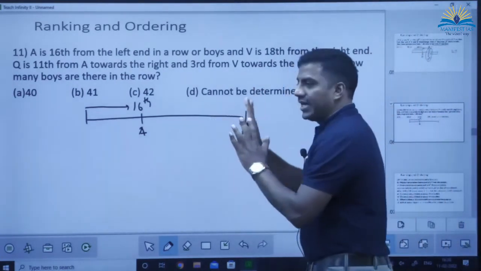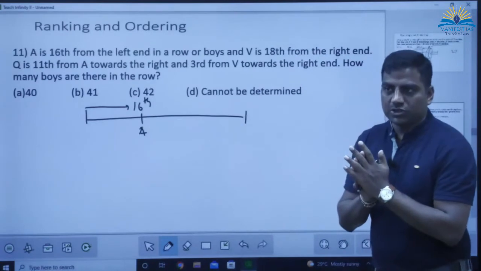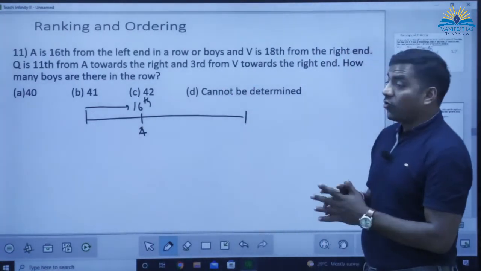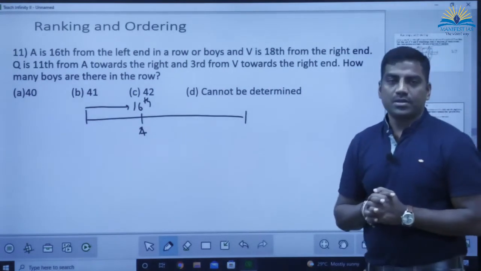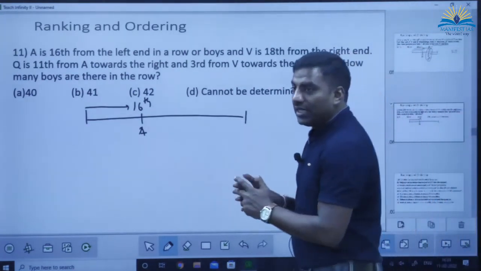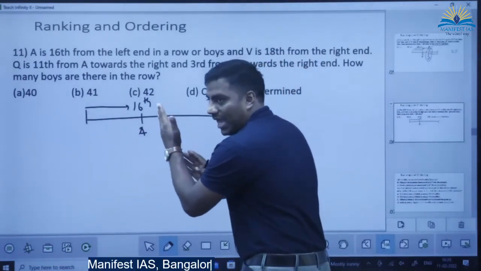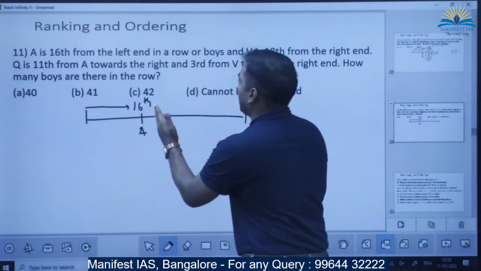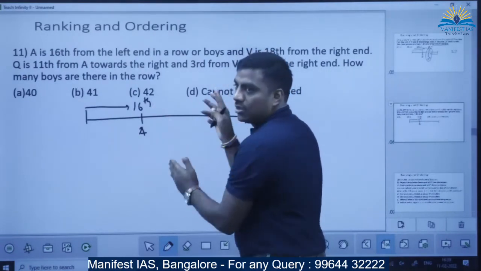V is 18th from right, we cannot determine his position. Then Q is 11th from A. That means Q's counting is starting from A towards right or towards left, we don't know. Towards the right.